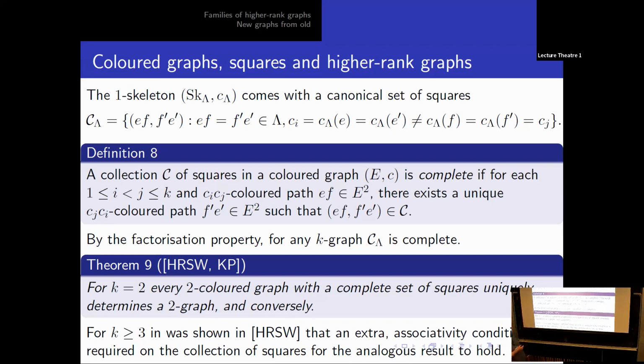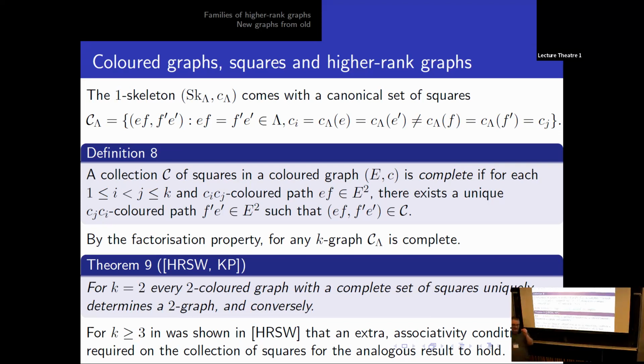A set of squares is complete if for every ij-colored path, there exists a ji-colored path, so you switch the colors around, such that the pair lies in C, same source, same range.